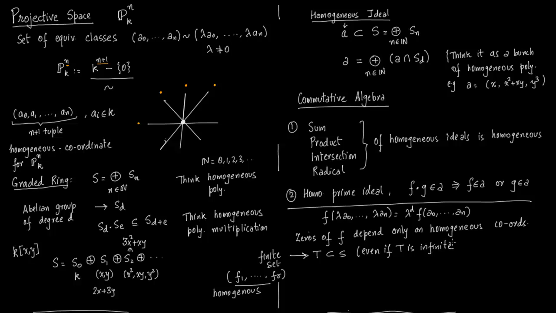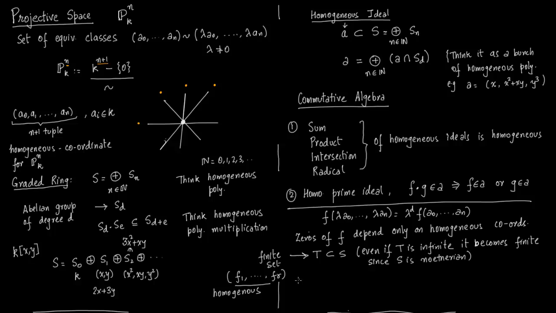Let me write this down. Even if T is infinite, because S is Noetherian, it is generated by a finite set, just like in the affine case.